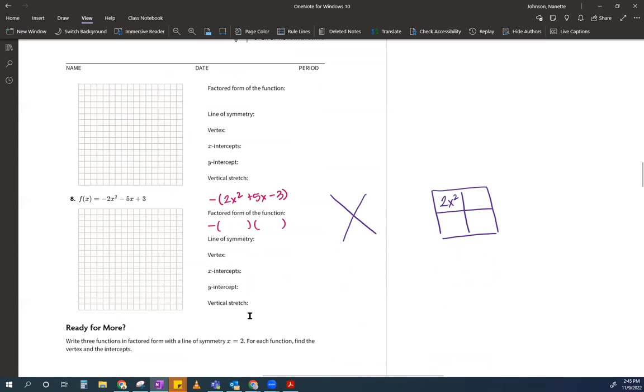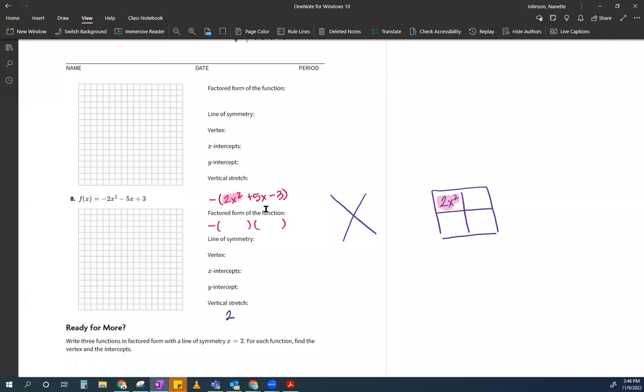Okay, so already you can tell me, Ms. Johnson, this one has a vertical stretch of 2. You can write that down right now. Sure, I can do that. So yes, the 2x squared goes in the top left, someone said. So this guy goes over here. Very good. Where does the 5x go? Very good.